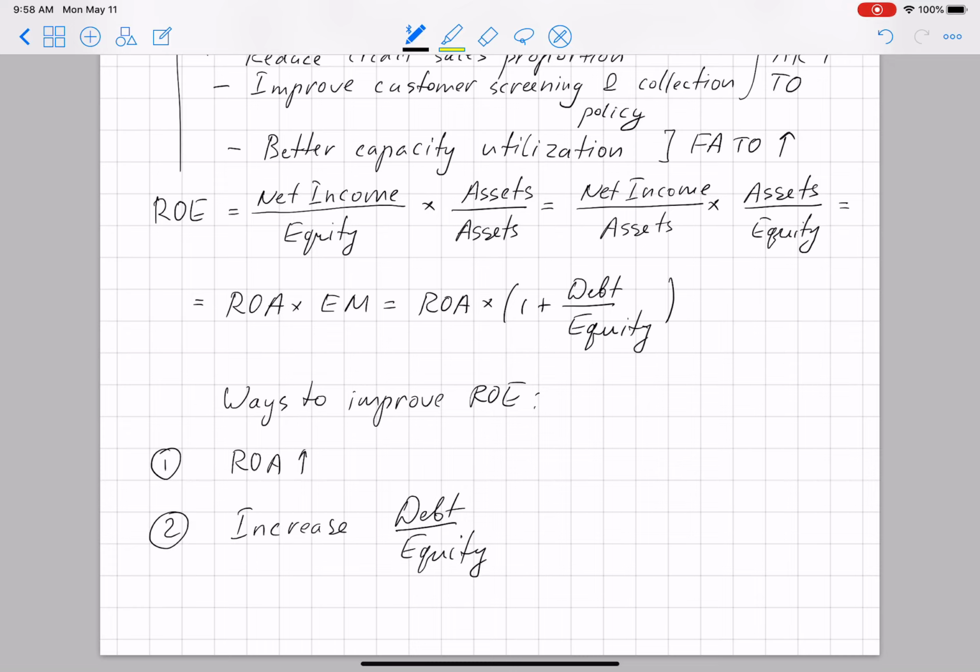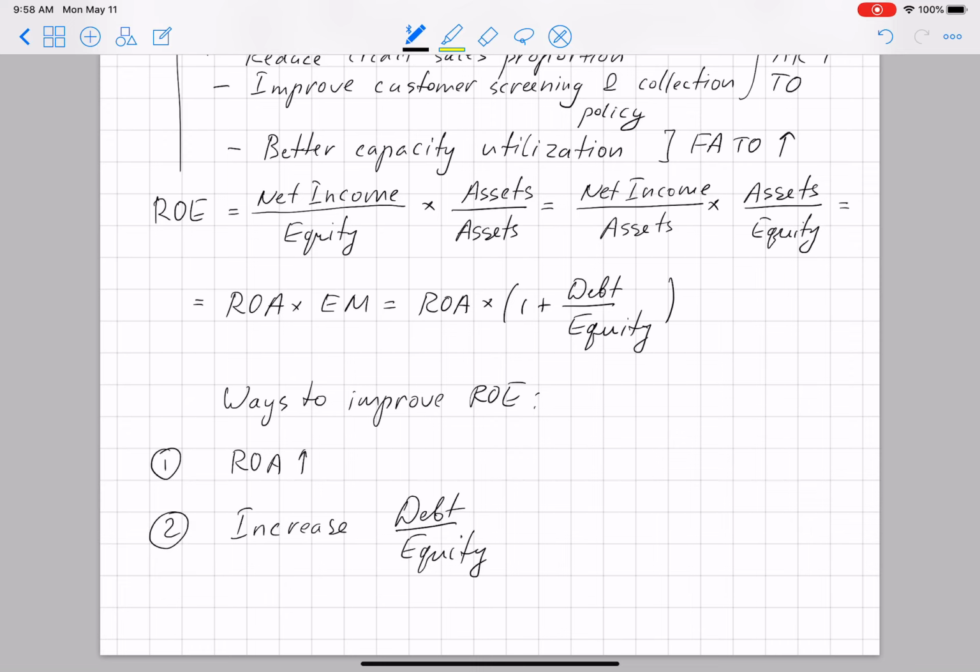So as you can see, automatically, when you increase your debt to equity ratio, your ROE goes up mechanically, automatically. But you have to be extremely careful here, because increase in debt to equity, everything else equal, will probably improve your ROE, but it may also give you a lot of risk. So in a moment, I'll show you an example.